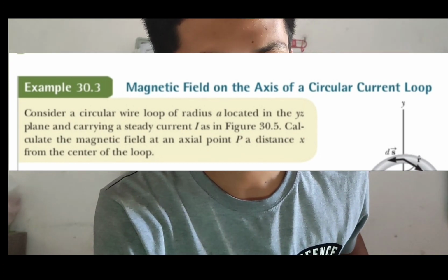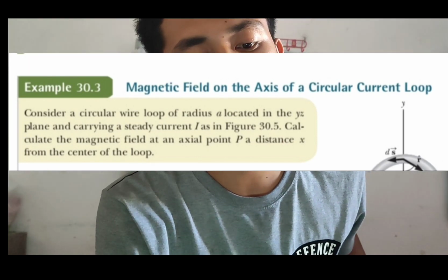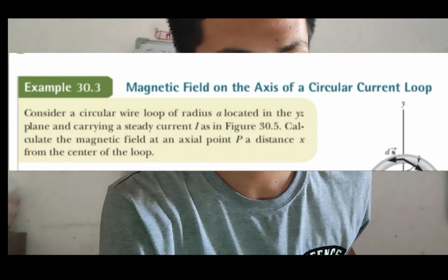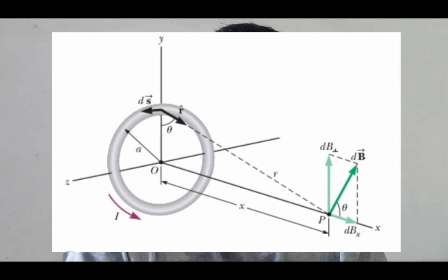Calculate the magnetic field at an axial point P a distance x from the center of the loop. In this situation, every length element ds is perpendicular to the vector r hat at the location of the element. Therefore, for any element, ds cross r hat is equal to ds times 1 times sine 90 degrees, which is equal to ds.